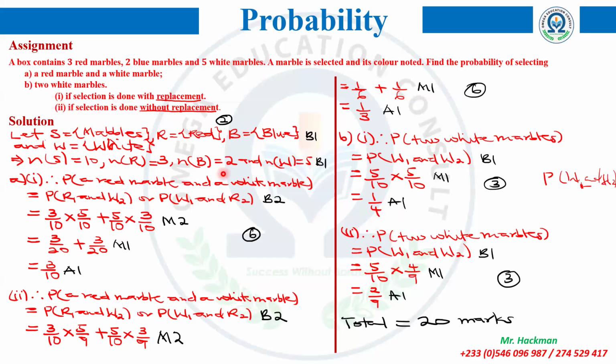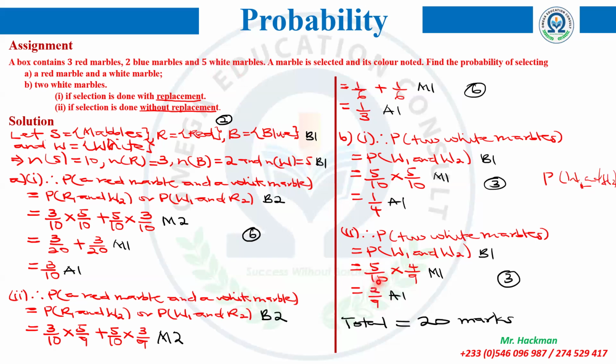So B(II). Again, you are looking at P(2 white marbles), and that will be equal to P(W1 and W2). That's the probability of the first one being a white marble and your second marble being white as well. In this case, the selection is done without replacement. So for your first selection, you have 5 white out of 10.